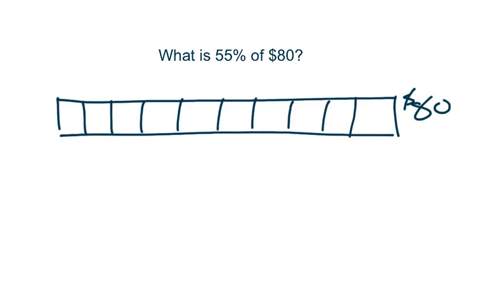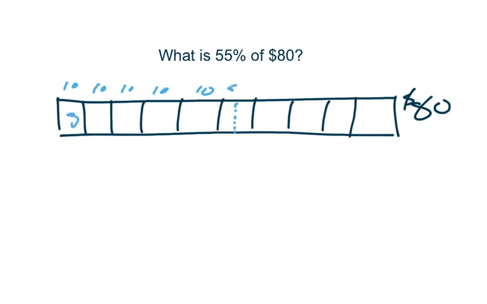Now, thinking carefully about this, we're going to need 5 of the boxes and half of another box, right? Because each one of these represents 10%. So we want 55%. So if every box is 10% here, we need 5 boxes and then another half of a box right there.